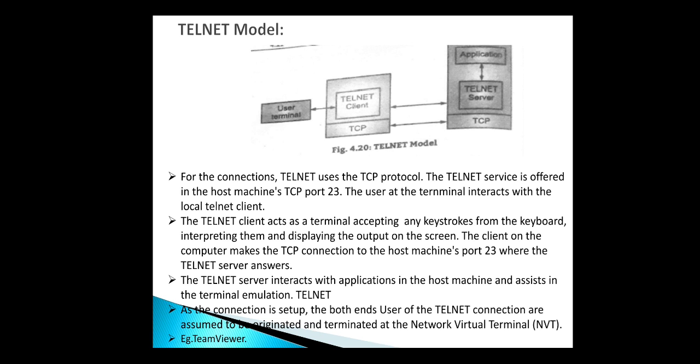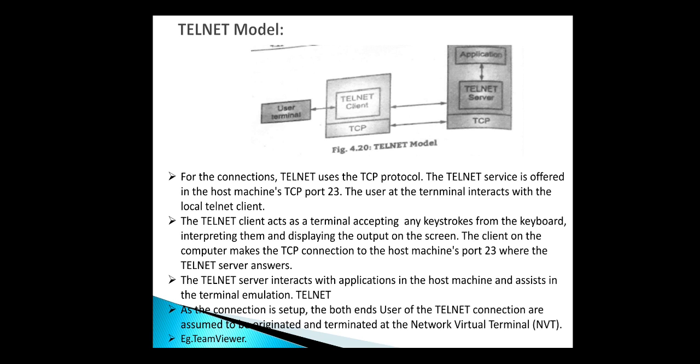The user at the terminal interacts with the local Telnet client. It acts as a terminal, accepting keystrokes from the keyboard, interpreting them and displaying the output on the screen. The client on the computer makes the TCP connection to the host machine using port number 23, where the Telnet server answers.